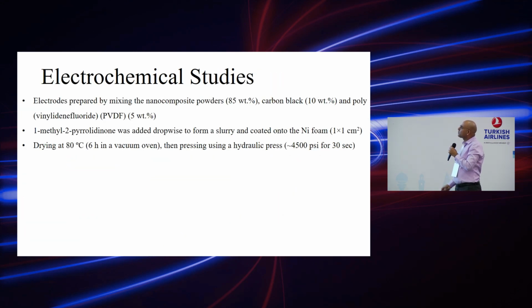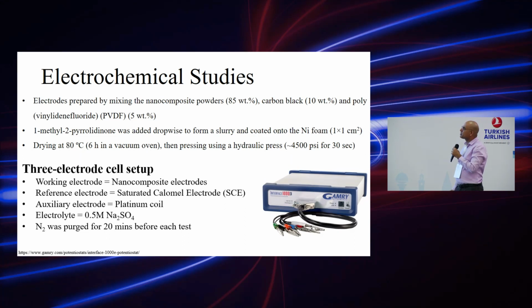Okay, so as far as the electrochemical studies are concerned, we have prepared our electrodes from those nanocomposite powders. We have about 85 weight percent of those powders, and then we have carbon black and also the polymer PVDF, about 5%. We made a slurry and coated it onto nickel mesh structures.